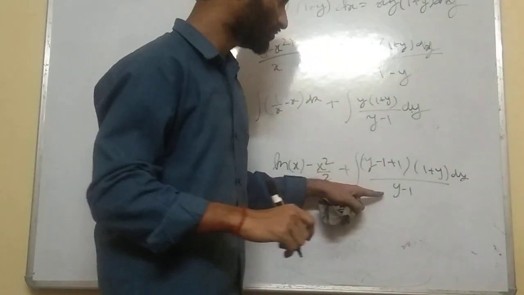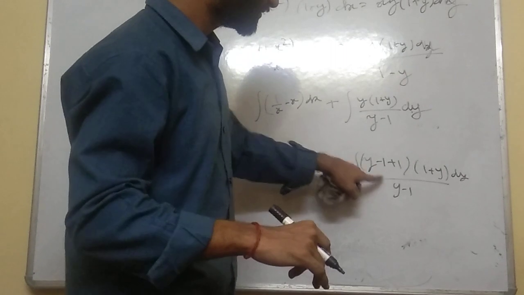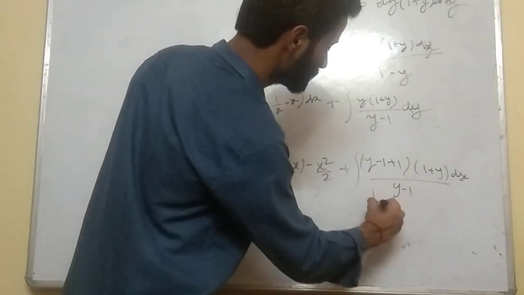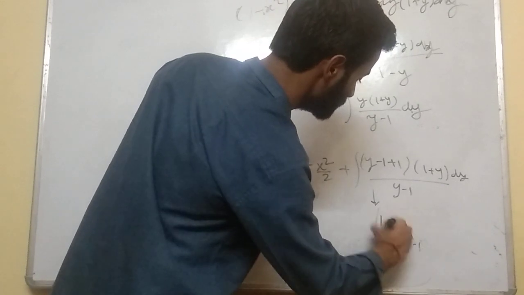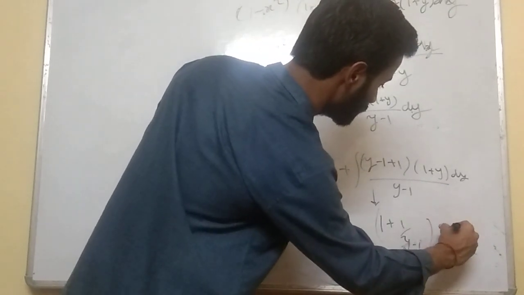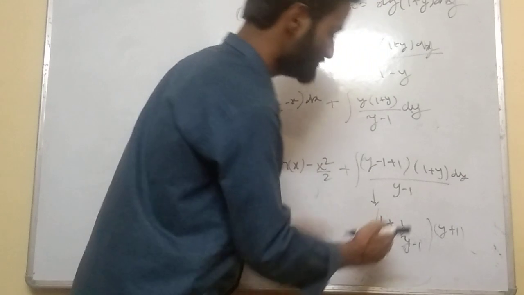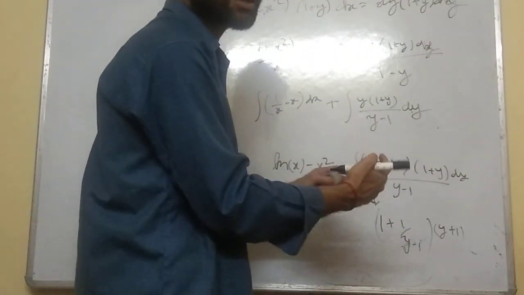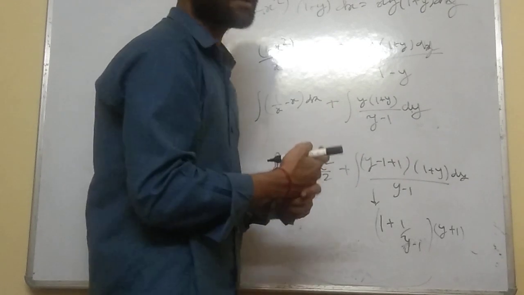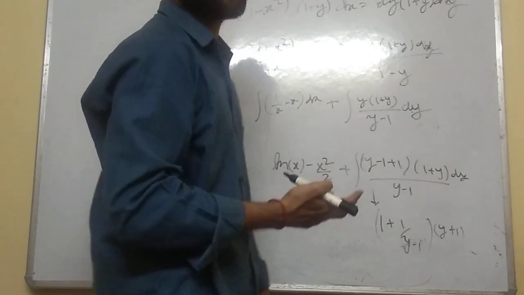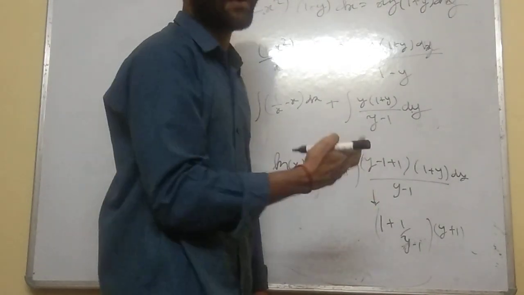Now if you want, you can divide this one. So this will become 1 plus 1 upon y minus 1 multiply by y plus 1. I am just arranging this term so that I can solve. Actually this is a partial fraction. We use the partial fraction, then this can be solved. But this is also a way of arranging these terms in partial fraction.